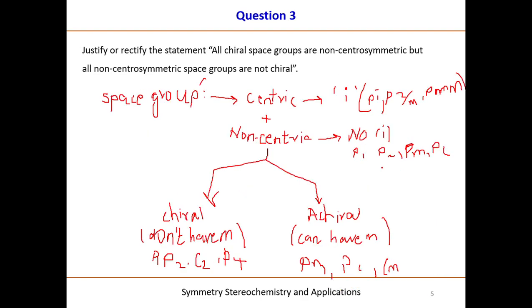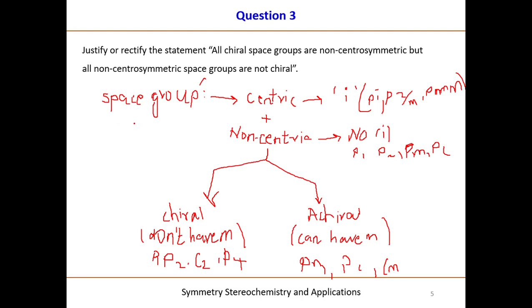Now the third question was: justify or rectify the statement, all chiral space groups are non-centrosymmetric, but all non-centrosymmetric space groups are not chiral. So here we have space groups. In crystallography we have 240 space groups.